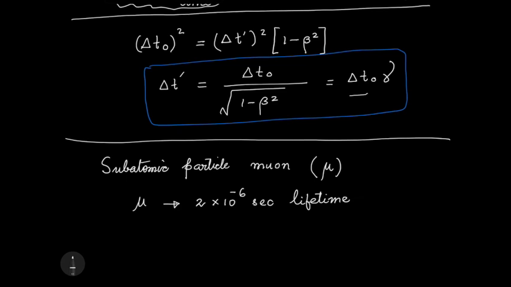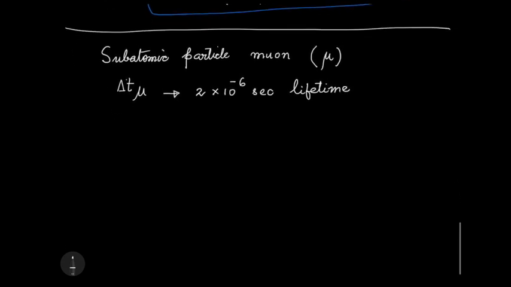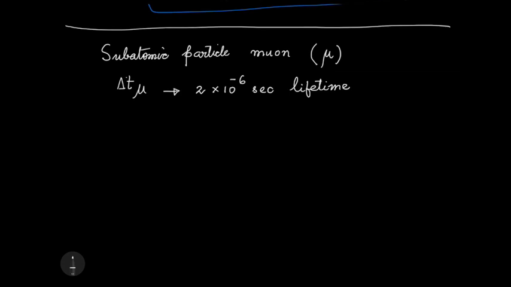Okay, so this is measured in the rest frame of the muon. So let's call that the lifetime of the muon. So let us write it this way: delta t suffix mu is 2 into 10 to the minus 6 second. Okay, so now, these particles are produced from cosmic rays.